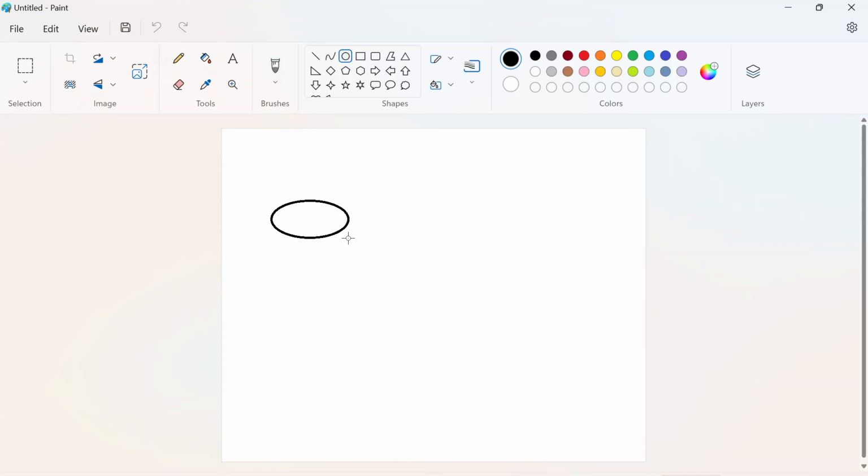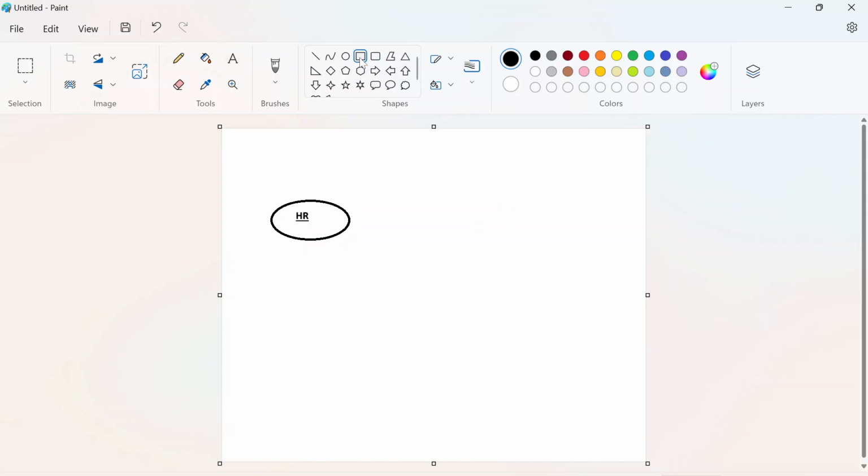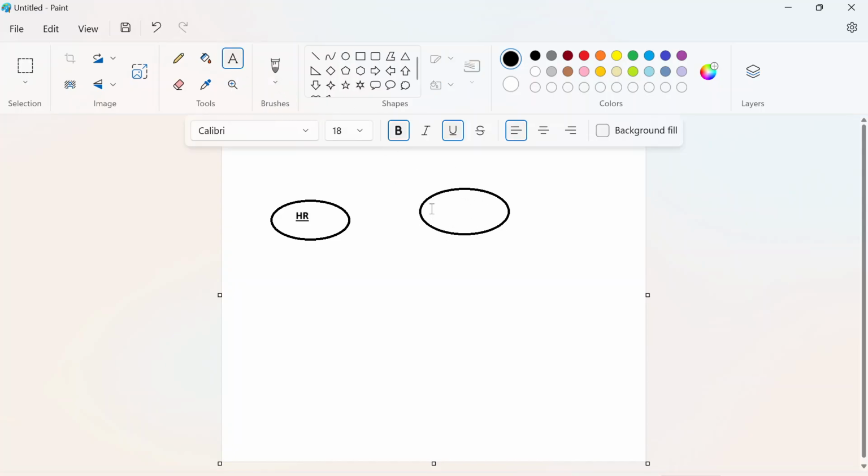HR department, yes. Accountant, finance, accounts department, HR, finance. What are the other departments?